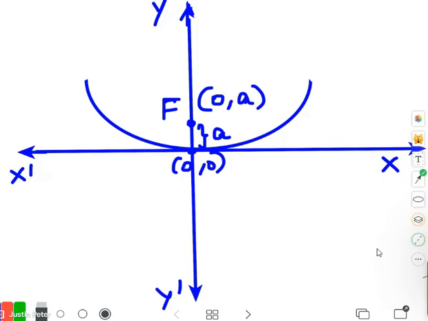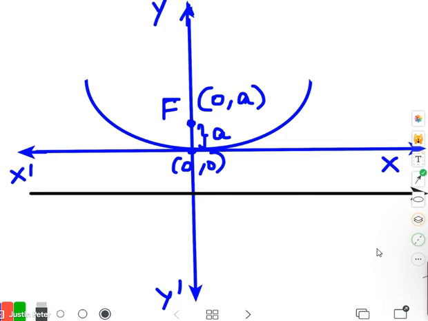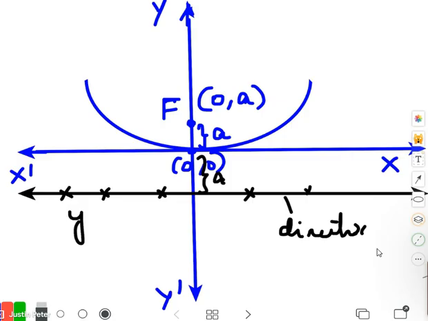Now the directrix is going to be equidistant on the other side as well. So this is our directrix. Here this distance will be a as well. The equation of the directrix is going to be y is equal to minus a because it is below the x-axis.